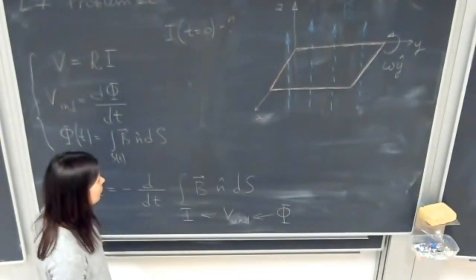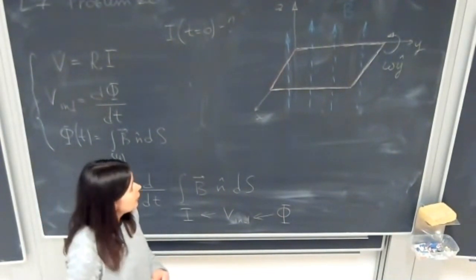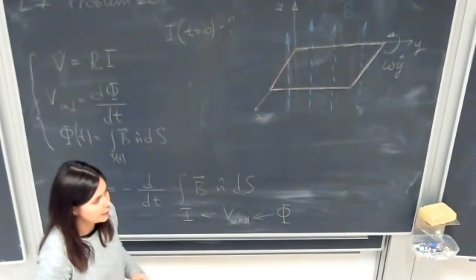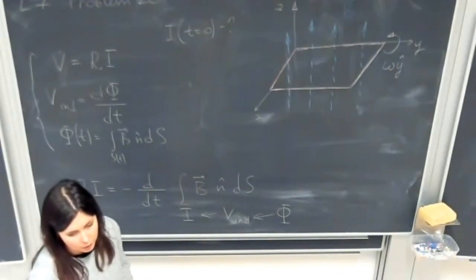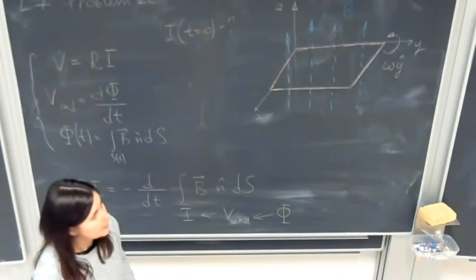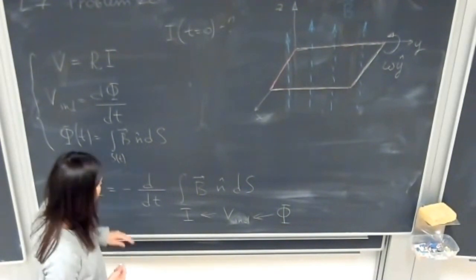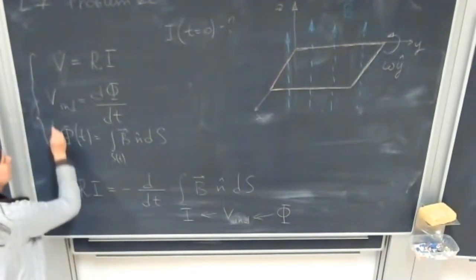So in this case, we don't have a time varying magnetic field, but the time varying position of the circuit. So here's our flux equation. So let's start from the flux.